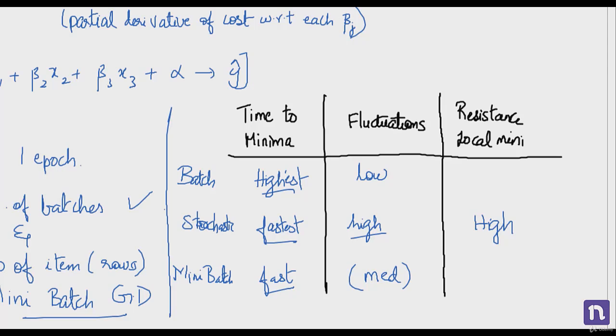Like I said, it still keeps on finding out different values of beta, and then the chances of finding the next local minima is higher. Ultimately, it finds the global minima after performing a good number of searches. This is of stochastic gradient descent.